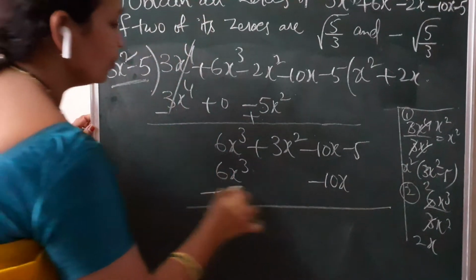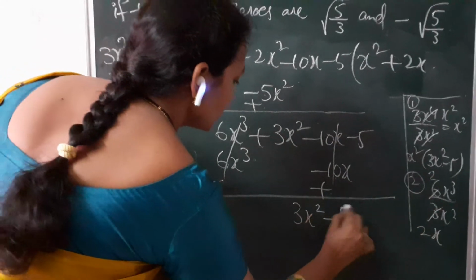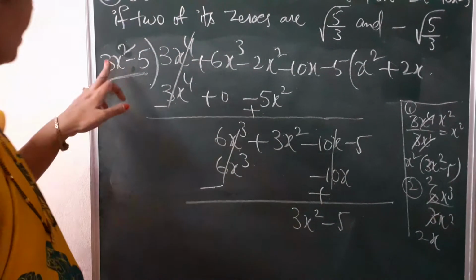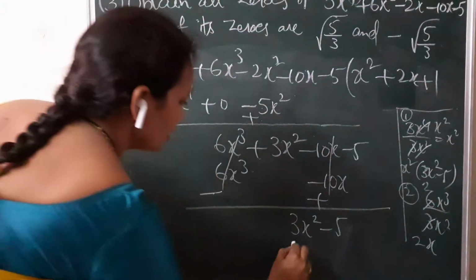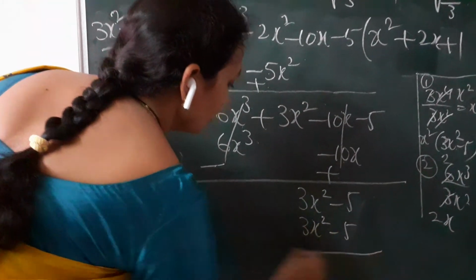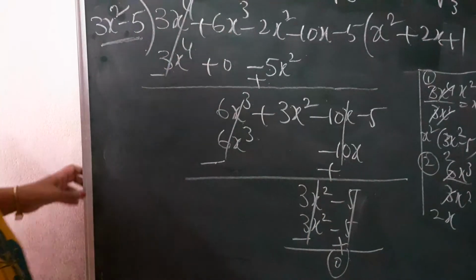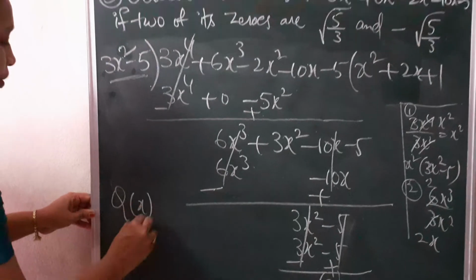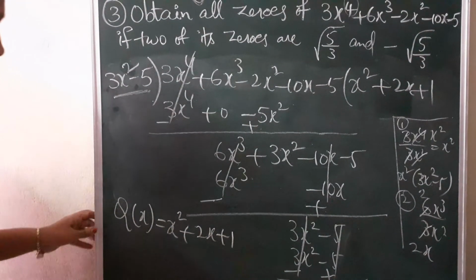Like terms below, both get cancelled and 3x square minus 5 is left over. The same term is there, so it goes one time: 1 into 3x square minus 5 is as it is. So what is q of x here? Q of x is x square plus 2x plus 1.